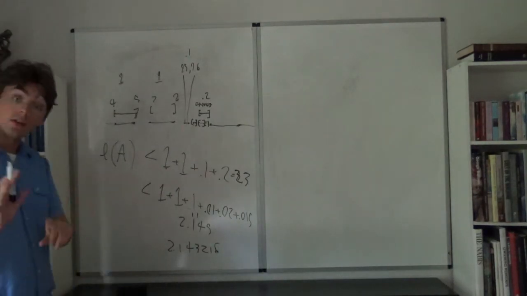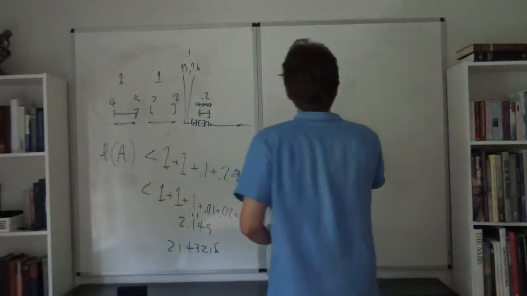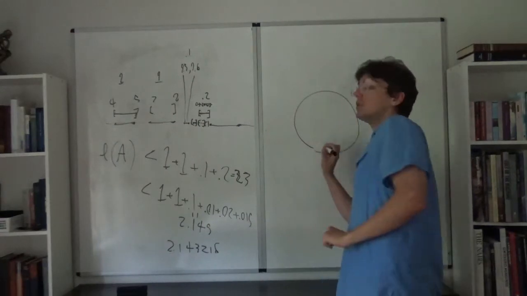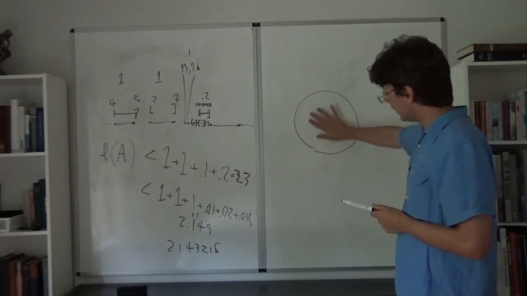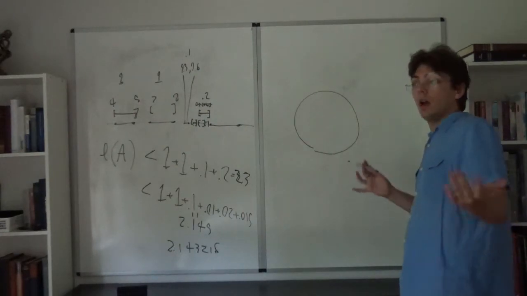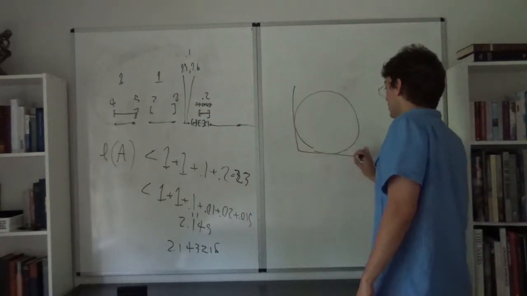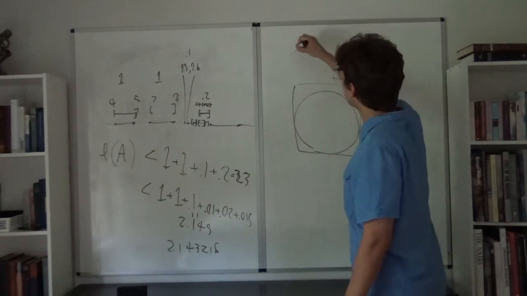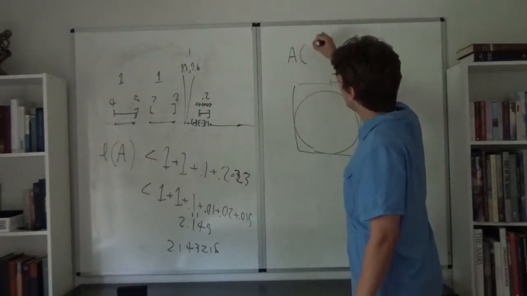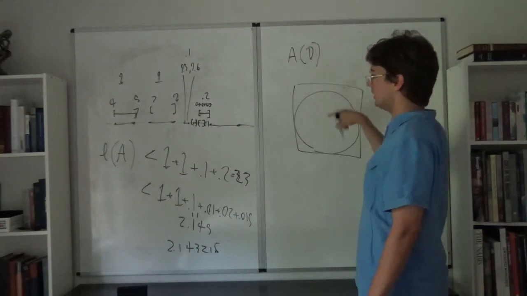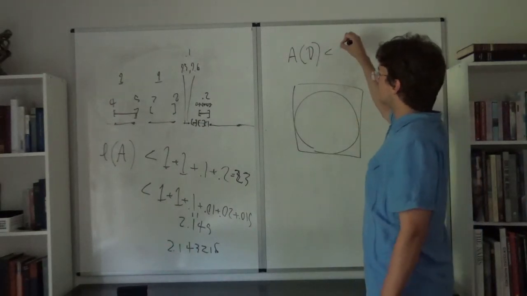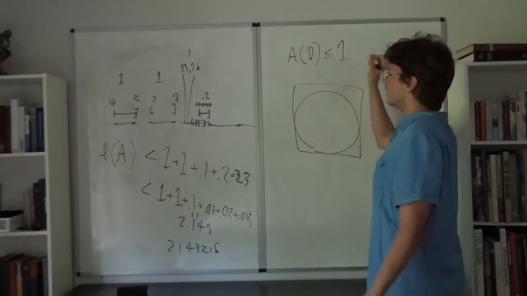Okay. This is a very similar idea to finding the area inside of this disk right here. What's the area inside of this disk? Well, I'll take a square to approximate the first time, and I say the area of this disk, I'll call it the disk D, is less than or equal to 1.